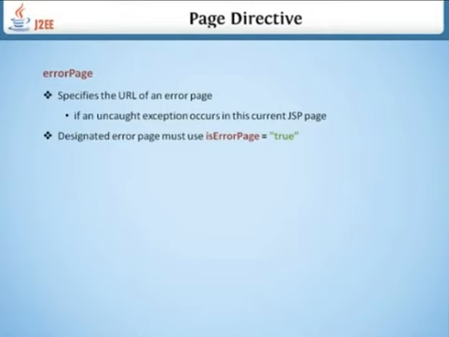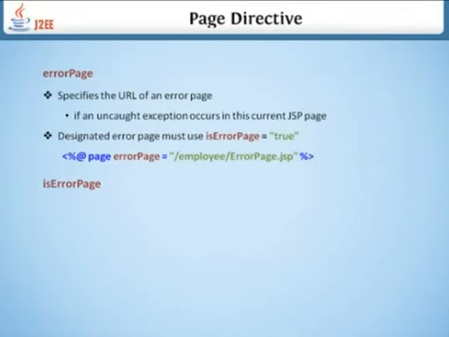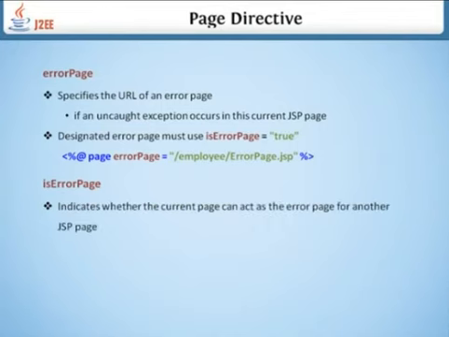Page errorPage equal to, and you can specify the error page name. isErrorPage indicates whether the current page can act as the error page for another JSP page. Values are true or false. The default value is false.